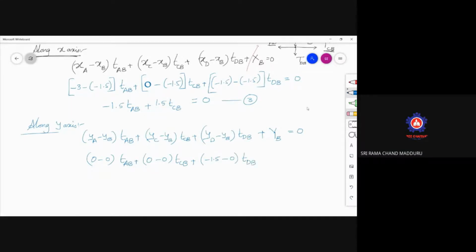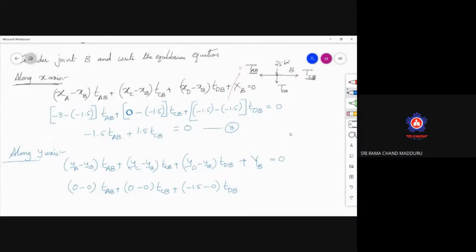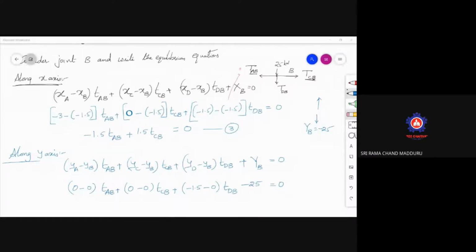And now observe the force along the y direction at B. 25 kilonewtons is there. Your assumed axis is in the upward direction, but the force is acting in the downward direction. Hence, YB is minus 25. The negative is with respect to the assumed direction; it is in the opposite side.